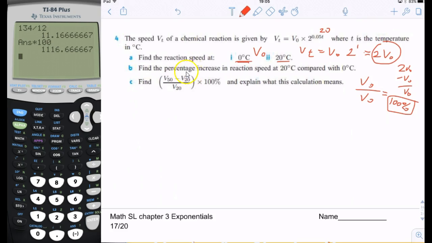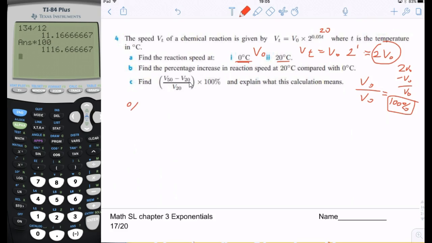So we're talking about percentage increase just like in B, except instead of a comparison of 20 degrees C reaction speed with 0 degrees C reaction speed, now we're talking about a comparison of the 50-degree reaction speed compared to the 20-degree reaction speed. So basically, it's the same thing as B, but a little bit different.